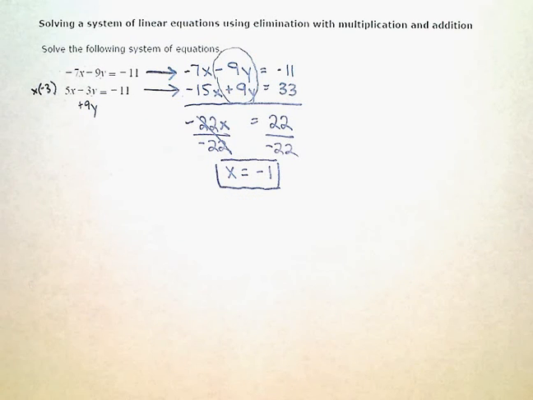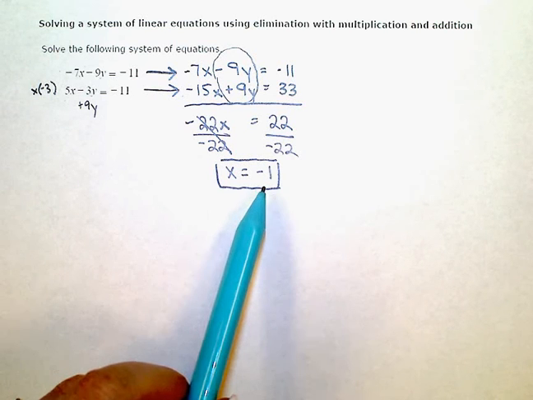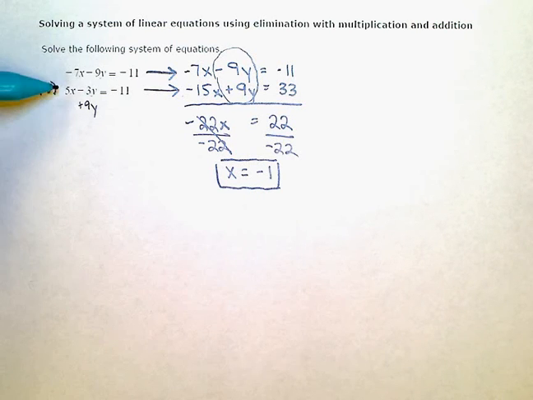Okay, now that I know my x term, I can take this negative 1 value, substitute it back into either of my original equations, and solve for y. So I'm just going to pick the top one for no other reason than it came first.